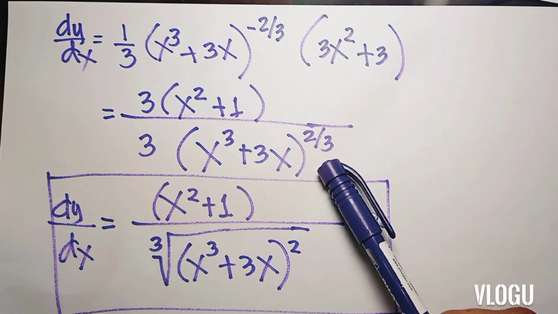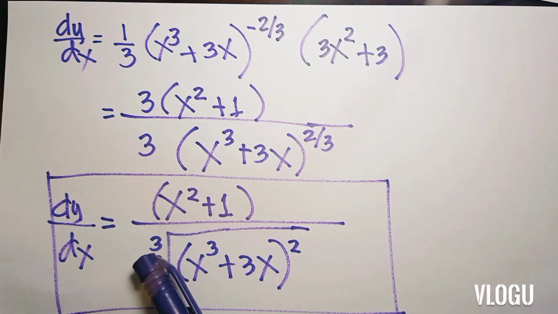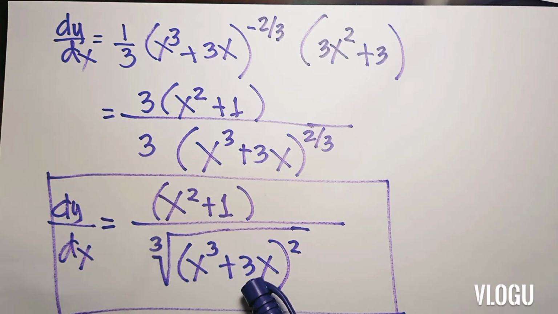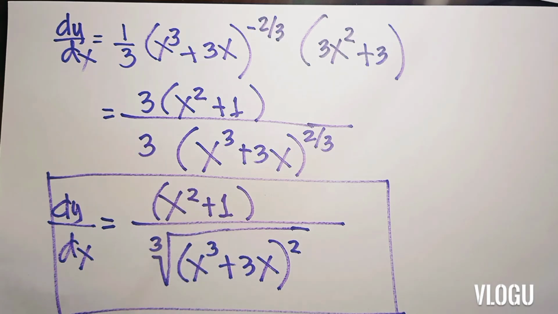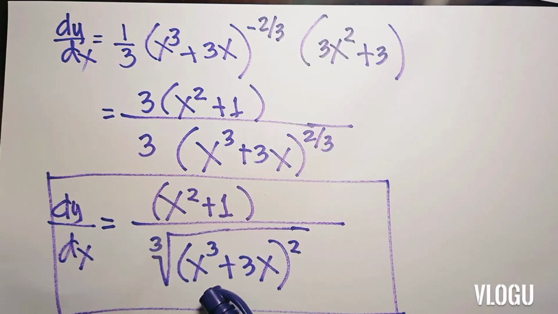So in radical form, that is cube root, so your index is 3. So you will have the cube root of (x cubed plus 3x) squared. So 3 over 3, that is being cancelled. So your final answer here, dy/dx is equal to x squared plus 1 over the cube root of (x cubed plus 3x) squared.